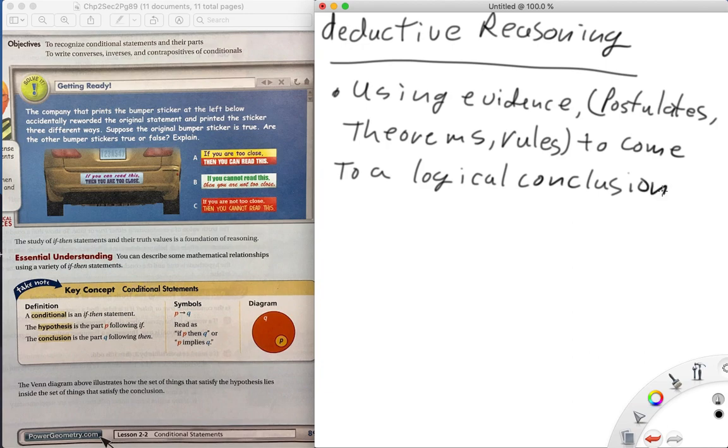Using evidence, postulates, theorems, and rules to come to a logical conclusion.